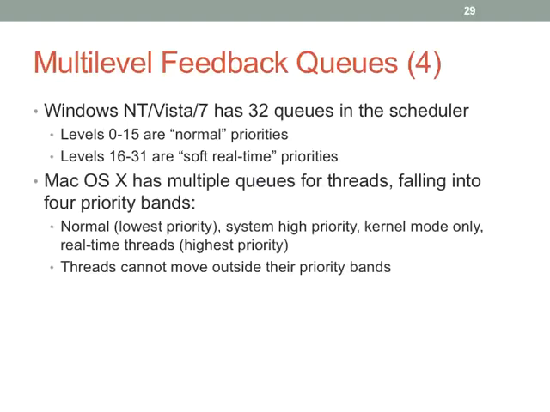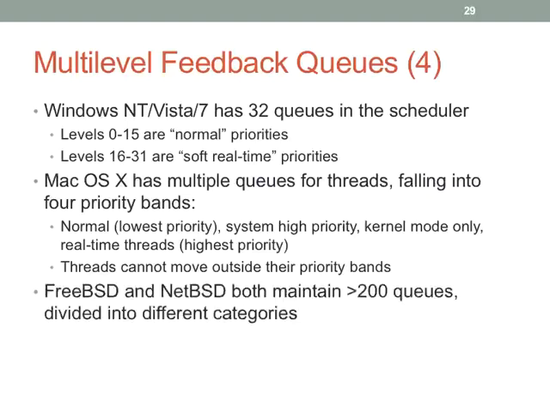So it's not exactly multi-level feedback queues, but it's along the same idea. You have normal, system high priority, kernel mode only, and real-time threads is the very highest priority. And the threads are constrained to be within their priority band. So obviously a real-time thread is never going to be demoted into kernel only. That wouldn't make any sense, and so forth. That is one of those nice things about multi-level feedback queue scheduling.